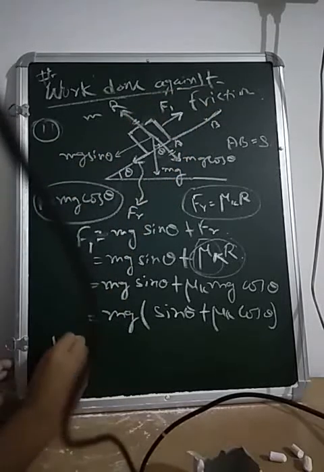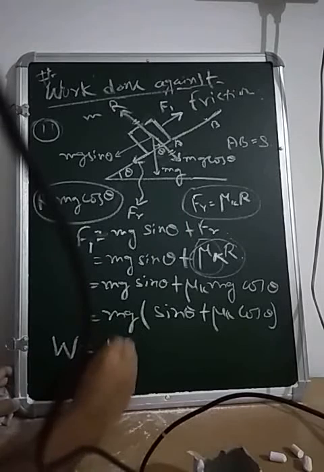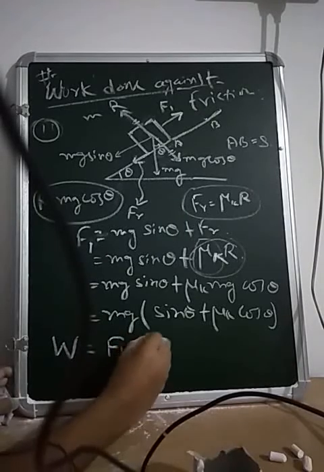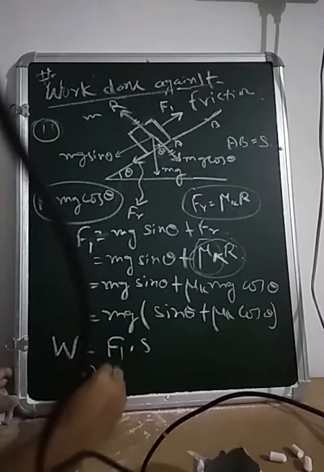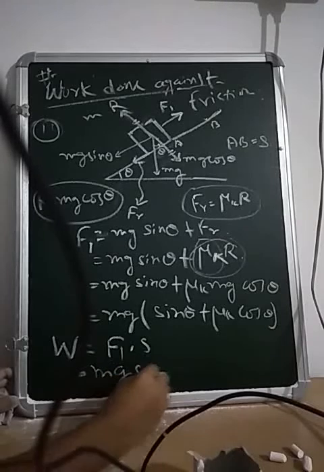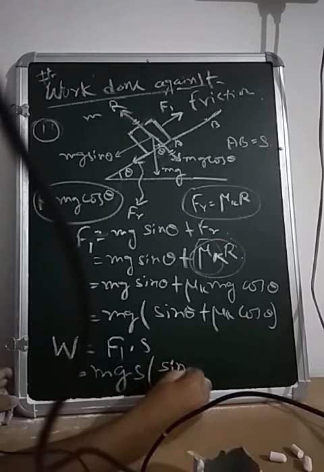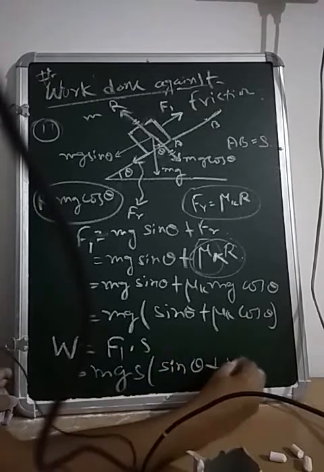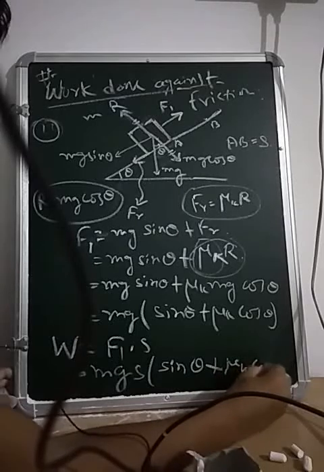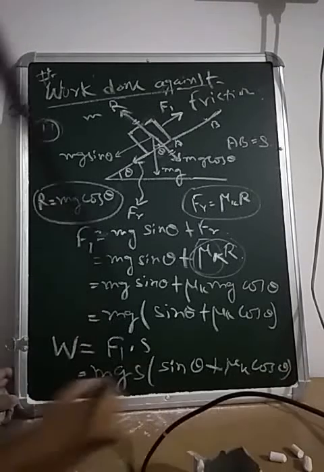So the work done in bringing the body from position A to position B will be F1 into s, which is mg s into (sin theta plus mu k cos theta).